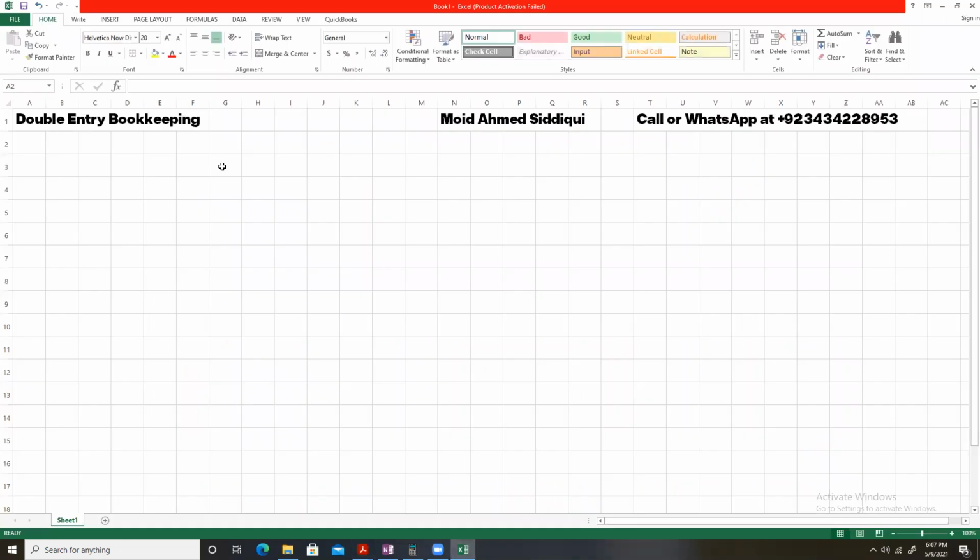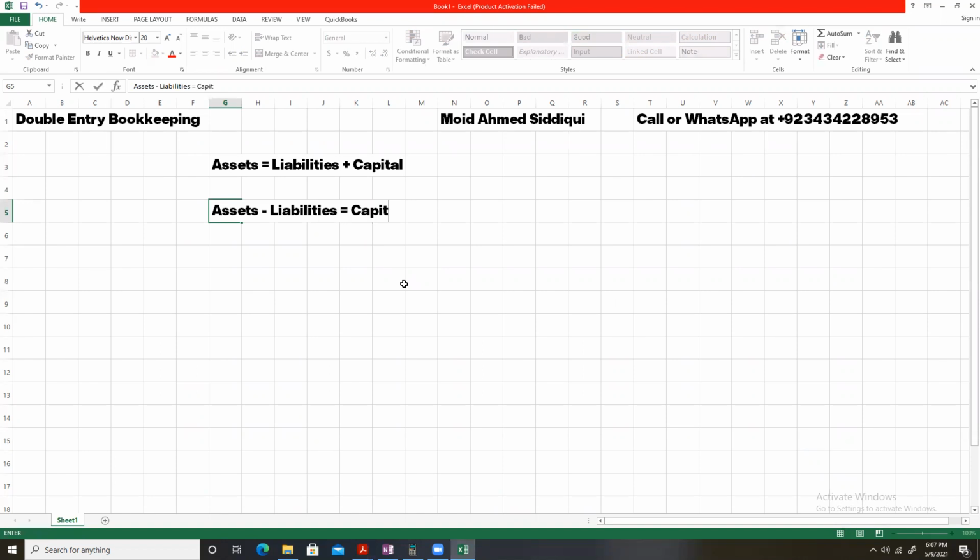Because the accounting equation is assets equals liabilities plus capital. This equation can also be written as assets minus liabilities equals capital.